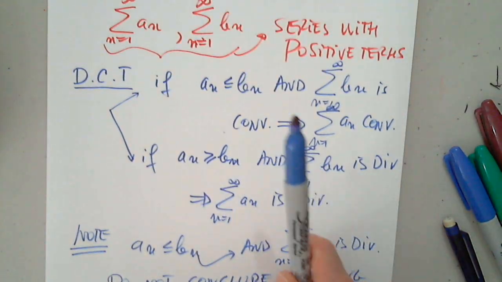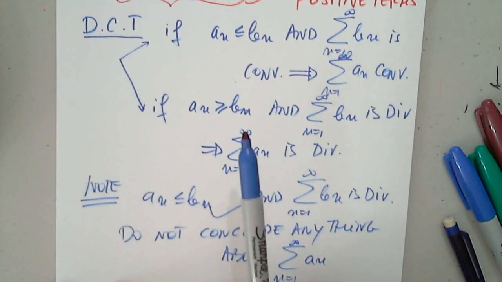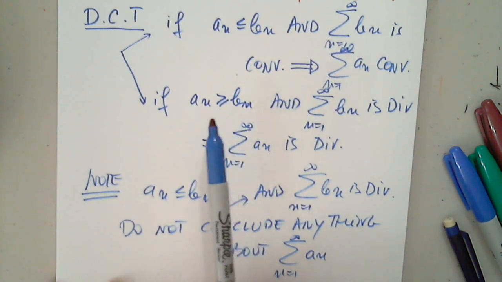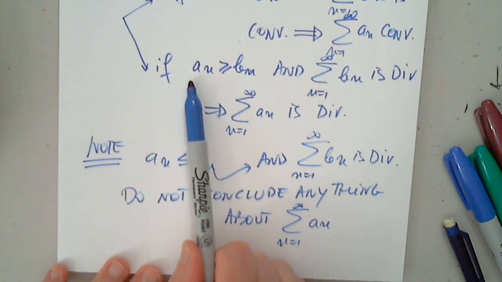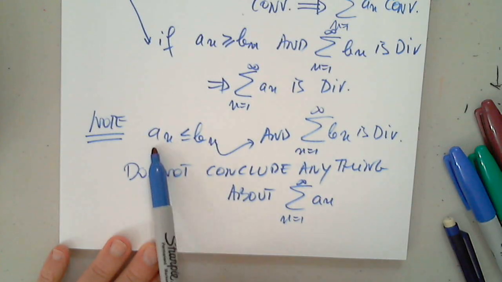So if the big one is convergent, the smaller is convergent. If the small one is divergent, then the big one is divergent. But if the big one is divergent, we cannot conclude anything about the small one.